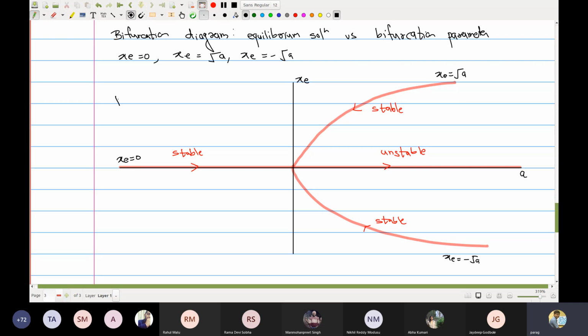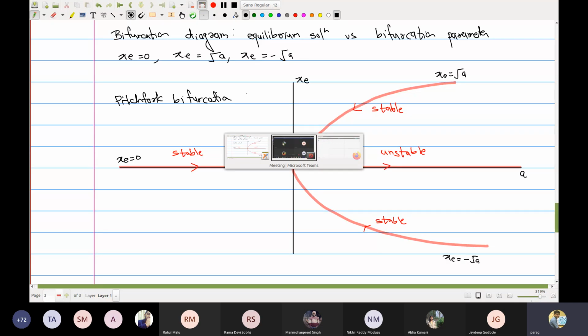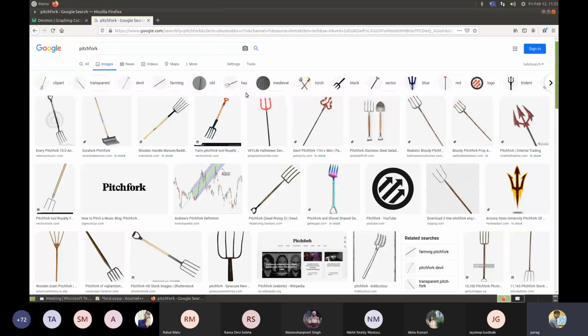So this was your bifurcation diagram, and this particular nature of bifurcation is called pitchfork bifurcation. Why is it called a pitchfork bifurcation? Because it looks like a pitchfork. In India, we don't use pitchforks much, so I have a few images for you. A pitchfork is an agricultural or farm equipment. A pitchfork looks like this.